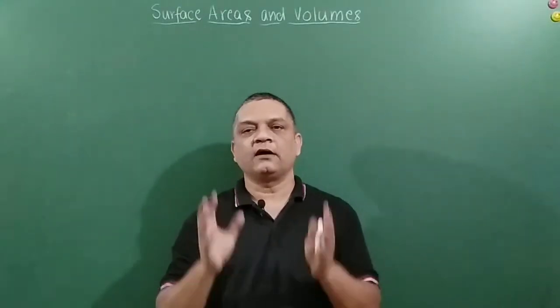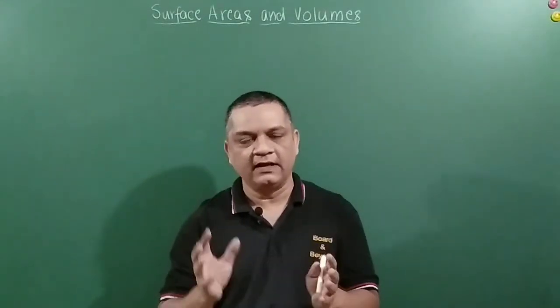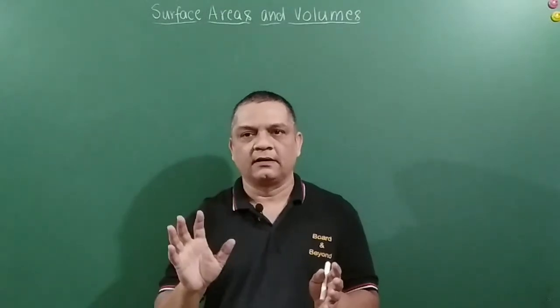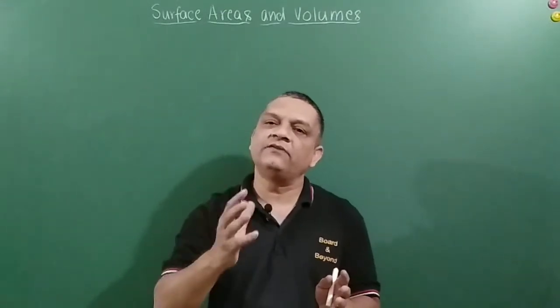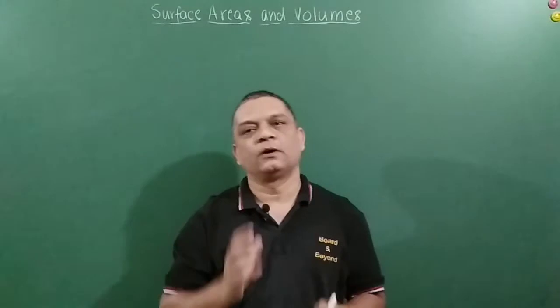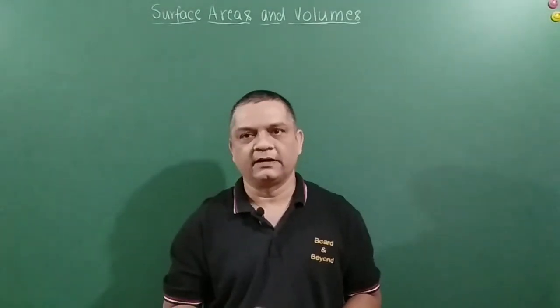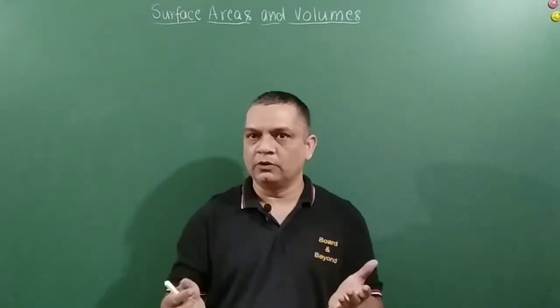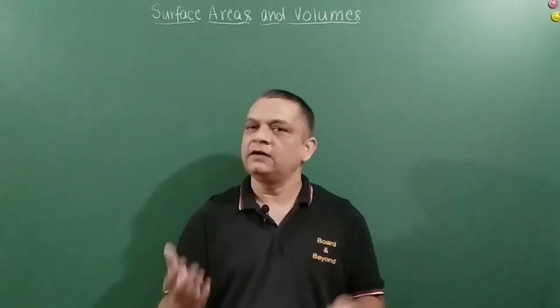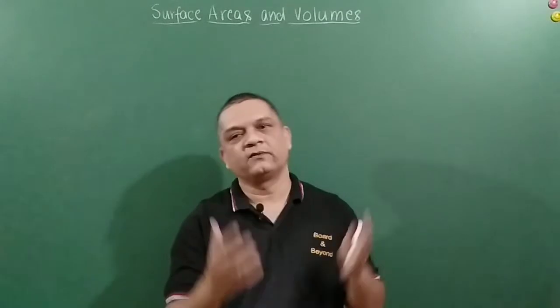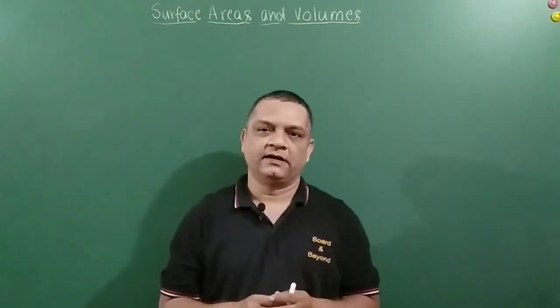So surface area of any three-dimensional figure is the outermost layer, or the layer which you can feel with your hand, is the outer surface area, or is the surface area of the solid. And when the solid is hollow, then it will have two surface areas. One is your outer surface area and one is your inner surface area.